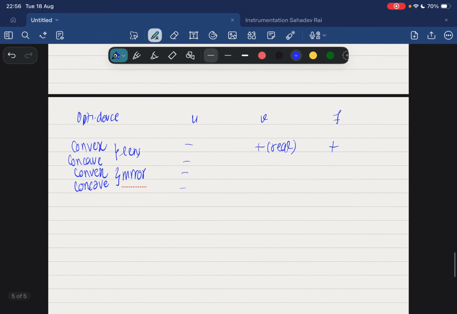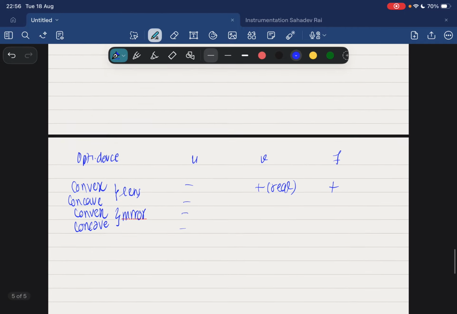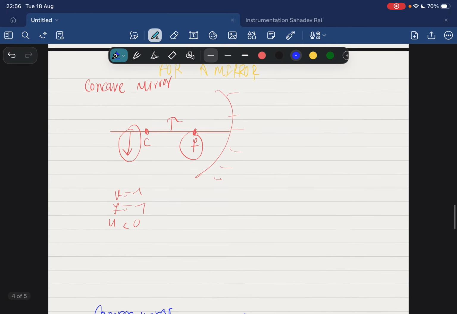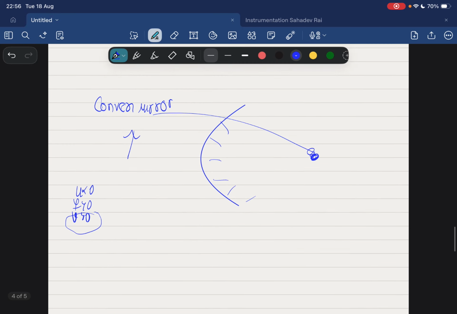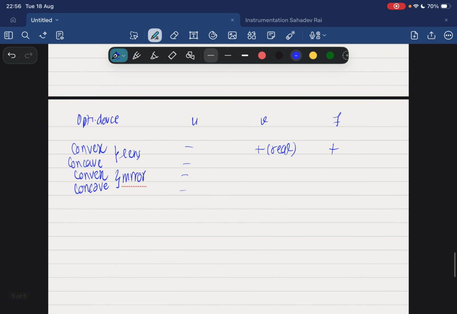Wherever the focus is, there the image is formed. You need to know that. So for a concave lens, we have negative. For this we have negative for real image, positive, virtual, negative, negative, positive.